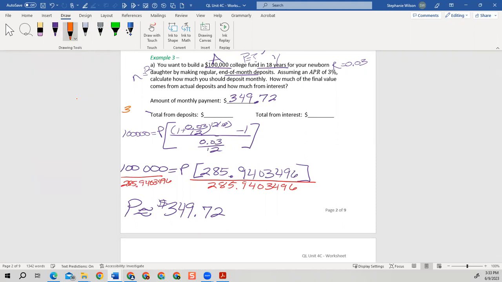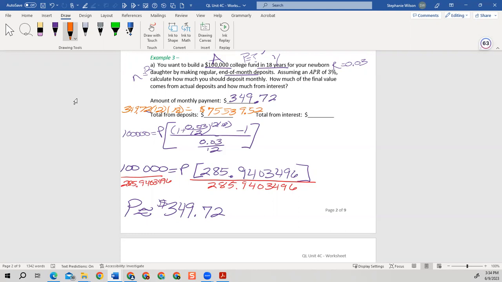So I'm going to take that 349.72 and times it by 12 months, times it by 18 years. And what does that give me? 349.72 times 12 months times 18 years gives me $75,539.52.